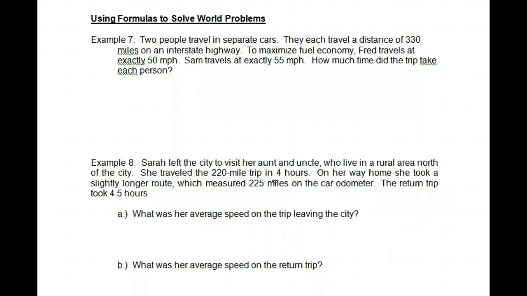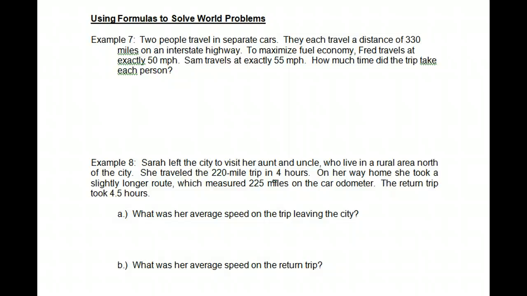Okay, the next section that we're going to talk about here, and this is the last little section within chapter 3, section 2, talks about using formulas in order to solve word problems. So example 7 says that 2 people travel in separate cars.